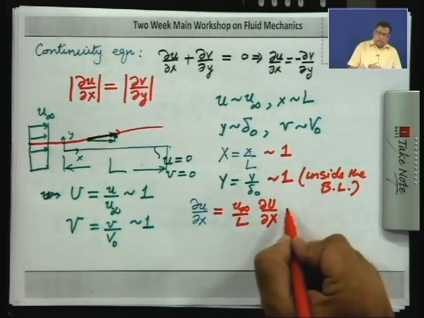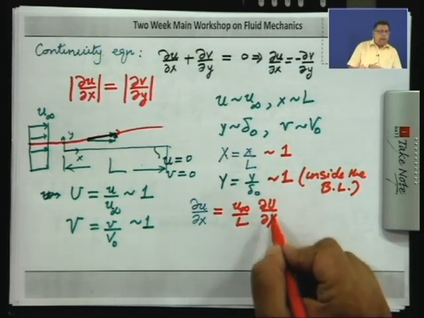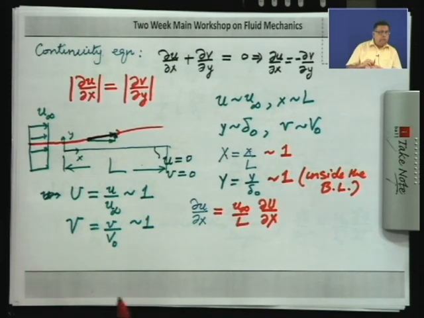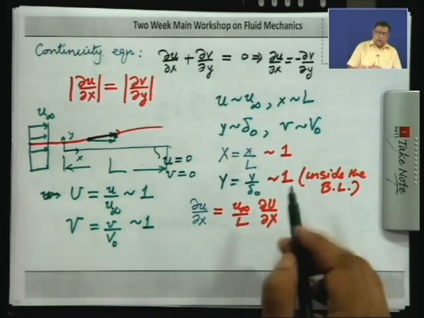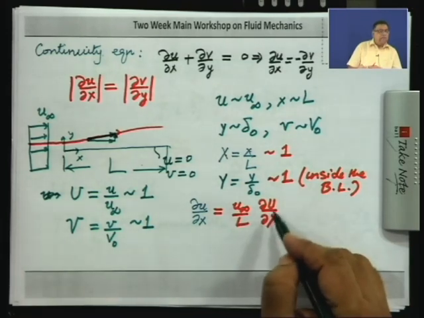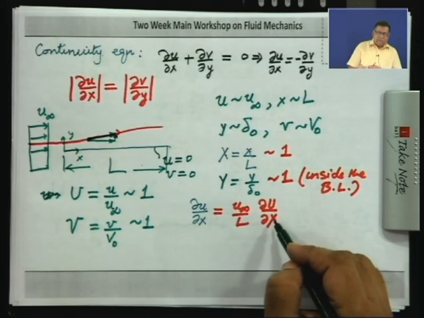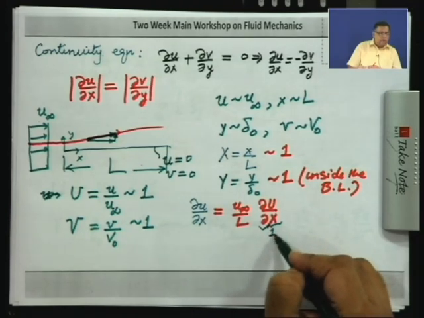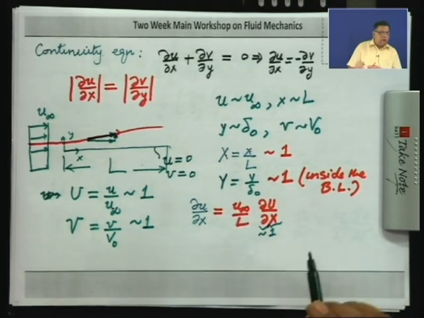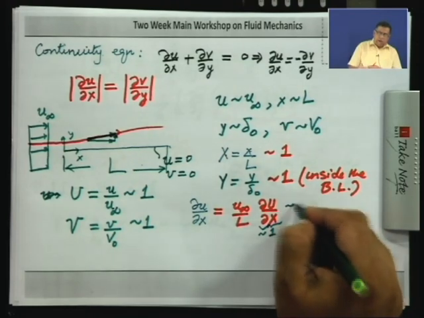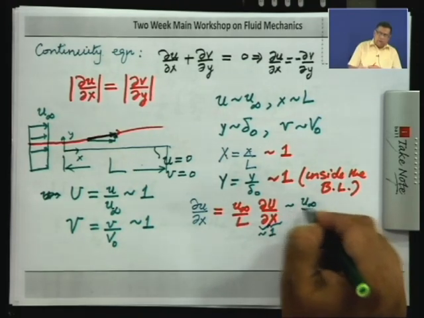So, since capital U and capital X are order 1 variables, we are going to assume that del U del X is order 1. Now, this is sometimes violated in certain regions of the flow field which have to be treated separately, but for the time being we will assume that this is order 1. So, order of del u del x is u infinity by L.